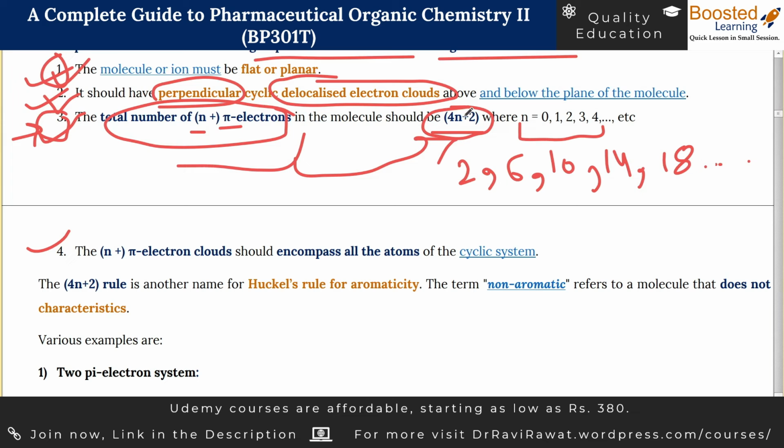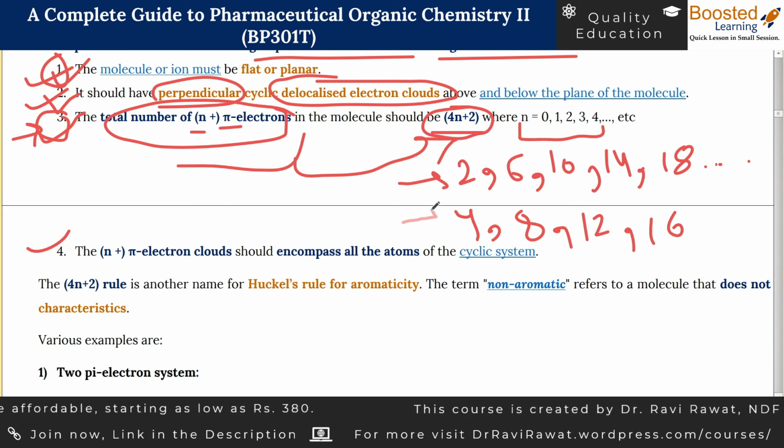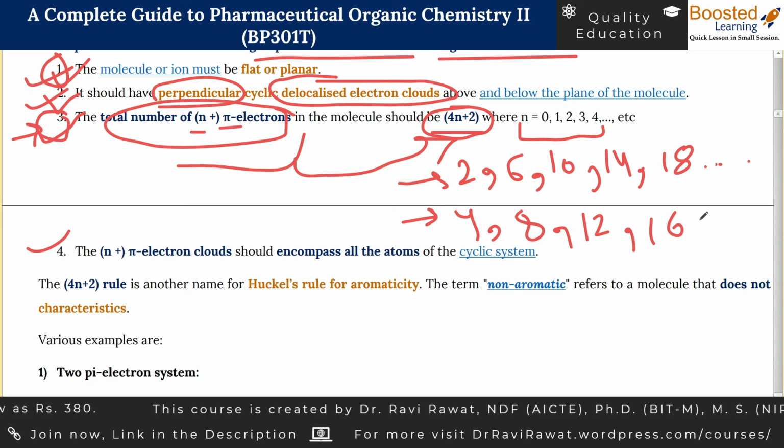If you put different values inside the 4n rule, then the answer comes out to be 4 electrons, or 8, or 12, or 16. So every even number which is missed in the earlier series is part of this series.